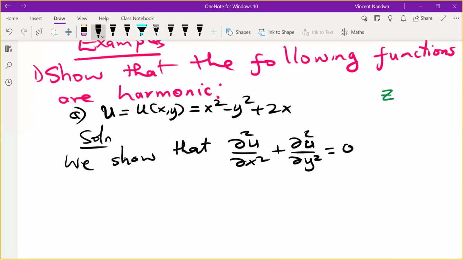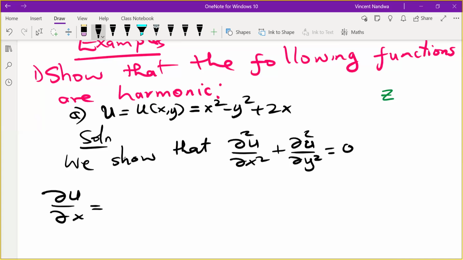To get second derivatives, you must get first derivatives. So what is partial u, partial x? If you have problems with derivatives, you may not go far.